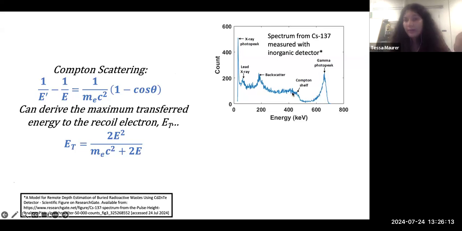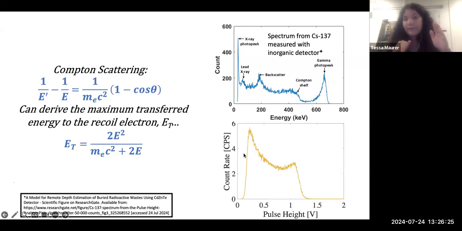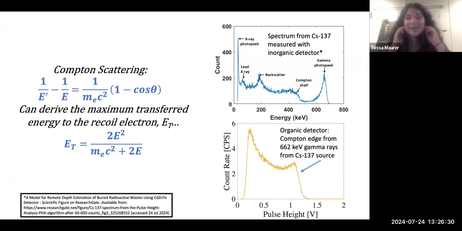And then we also have the Compton shelf, the Compton continuum, that happens because both interactions are happening in an inorganic detector. Now, what would we see with the same source, but now with an organic detector? This is what we would see. It looks very different, but this is actually from measuring the same source. And so you have to get a little bit more creative on how to identify sources in this way, how to reconstruct spectroscopic information.